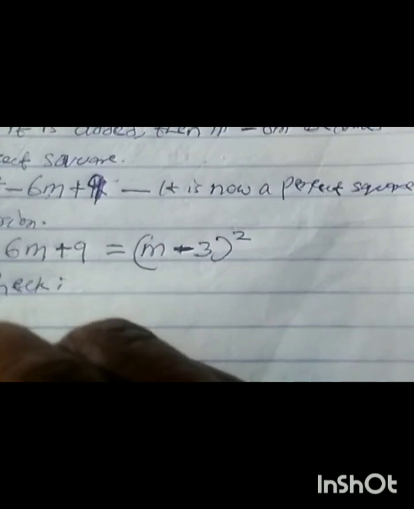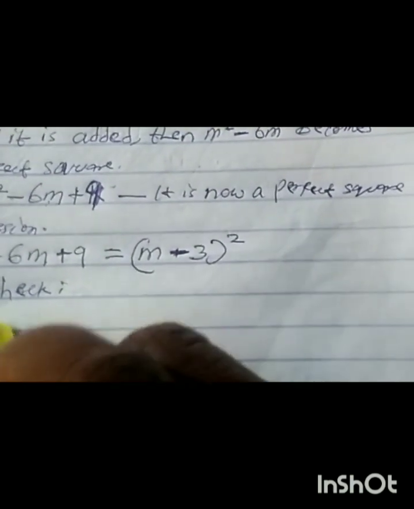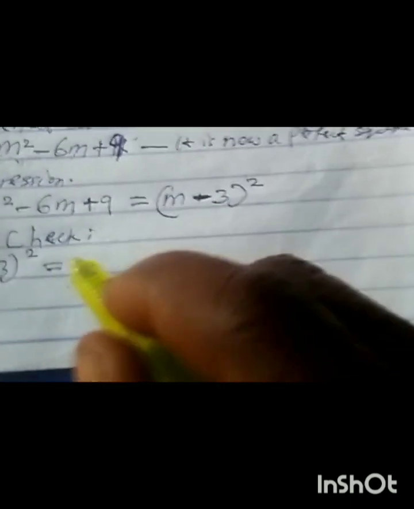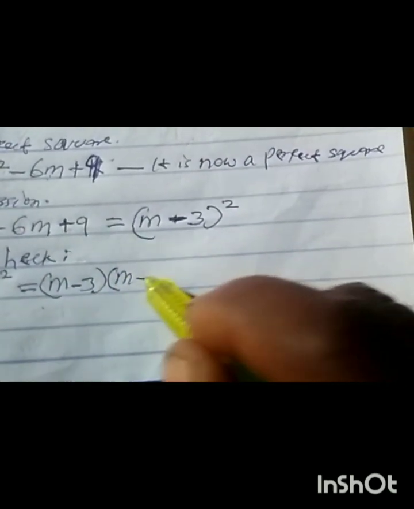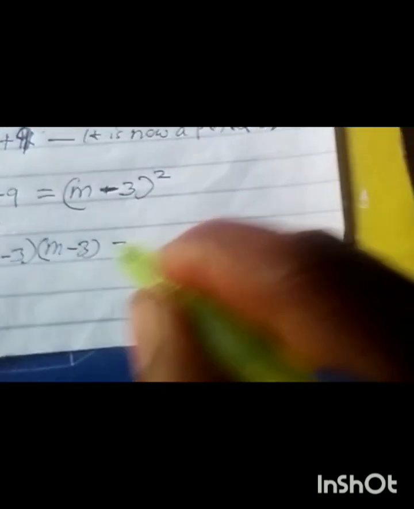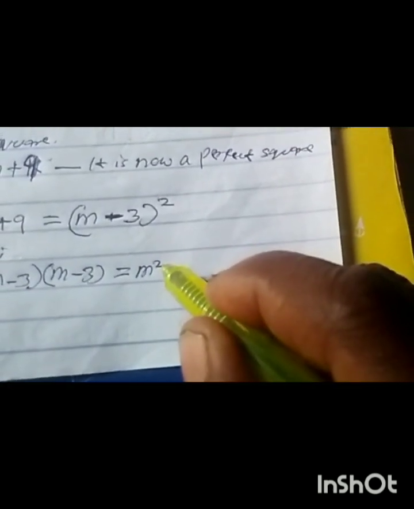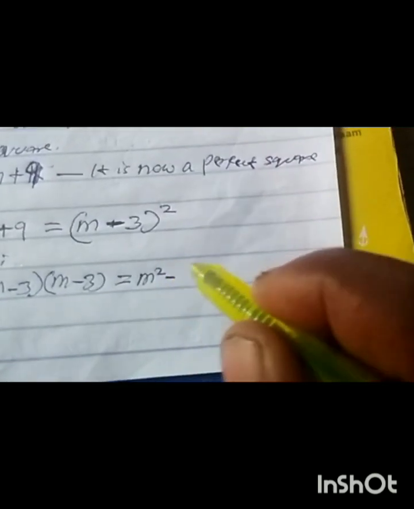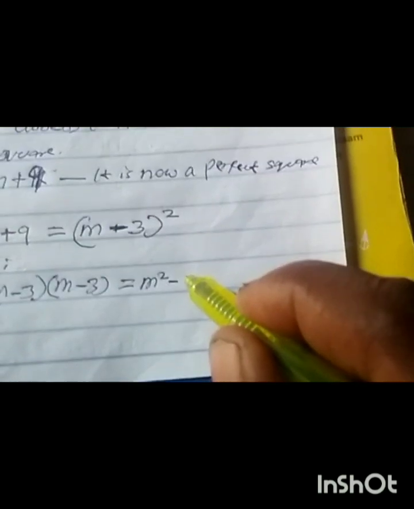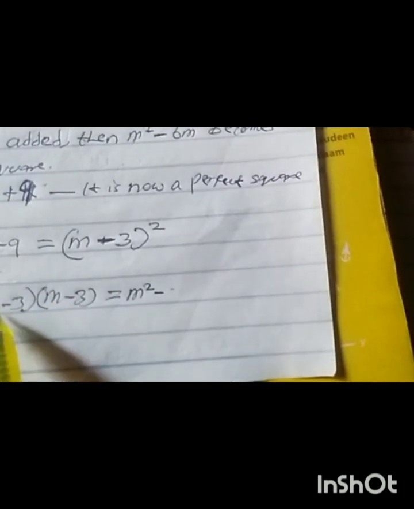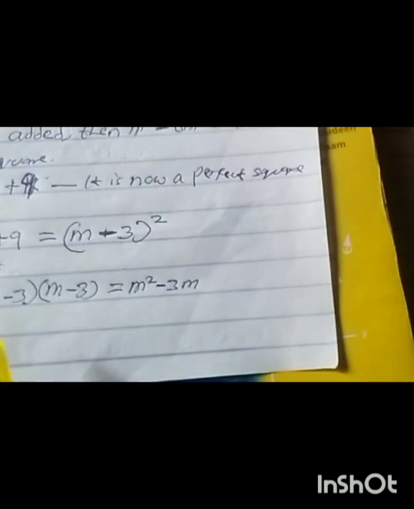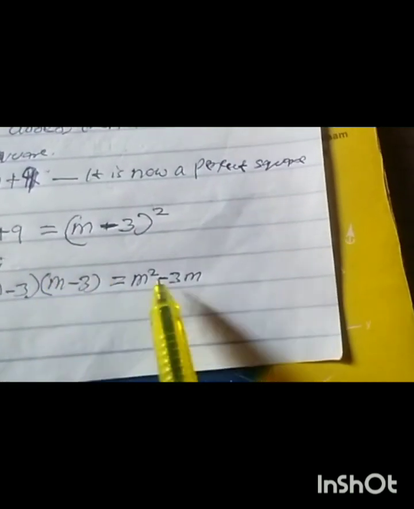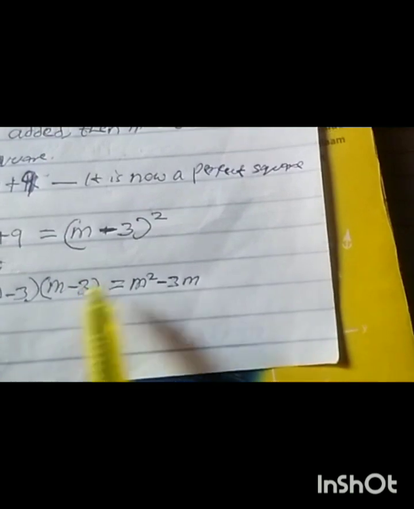If you check, you discover that m minus 3 squared, when expanded, is m minus 3 times m minus 3. Let me take it step by step. m times m gives us m squared, then m times minus 3 gives us minus 3m.